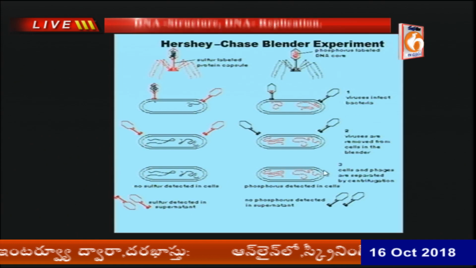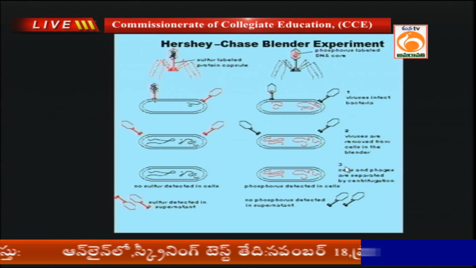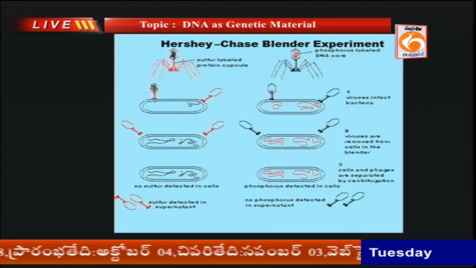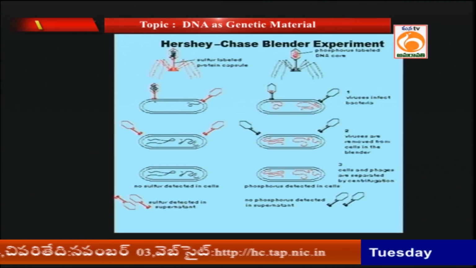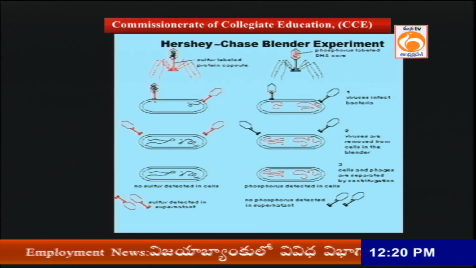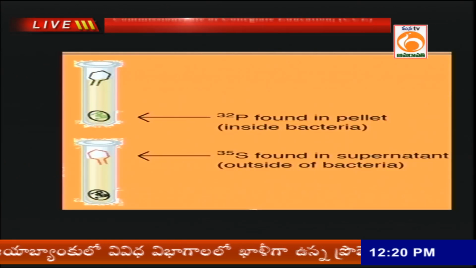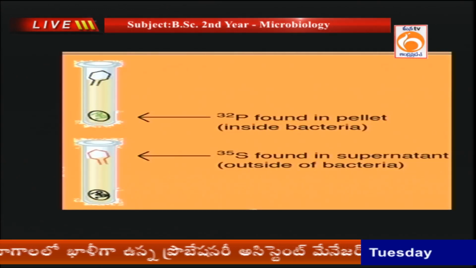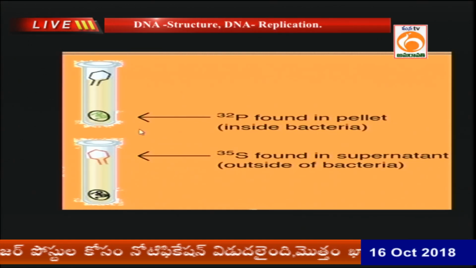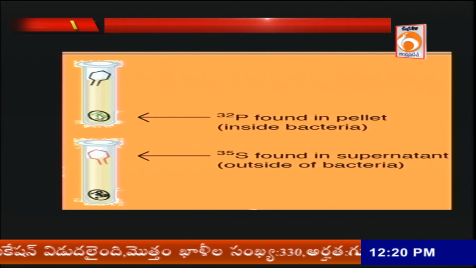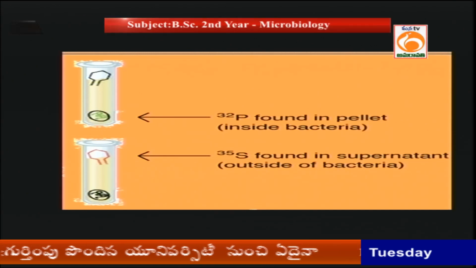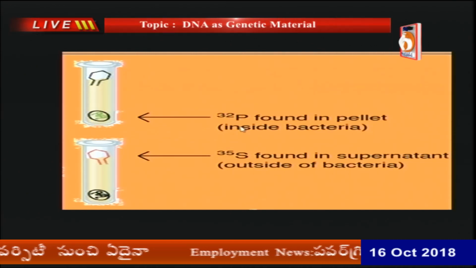After infection, viruses and bacterial cells were separated by blending and centrifugation and then observed for radioactivity by the scientists Hershey and Chase. Now, have a look at this slide. You can see bacterial cells were formed as a pellet at the bottom of the test tube when treated with phosphorus 32 radiolabeled viruses.